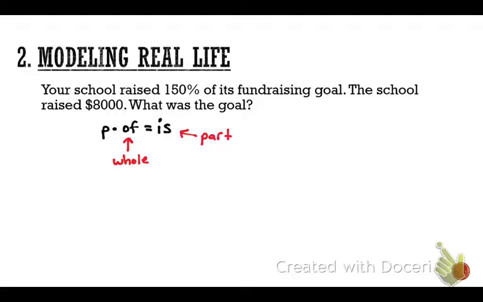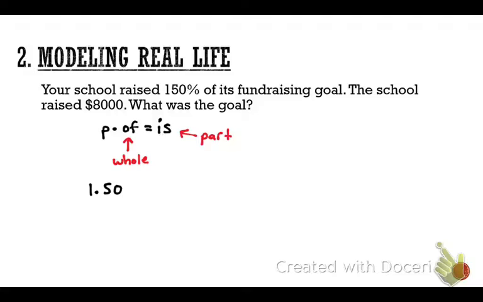Okay, so let's just talk this through to see the percent. Do we know what percent they raised? 150%. With the percent equation, I have to change that into a decimal. So what is 150% as a decimal? 1.50, or 1.5. Times of.